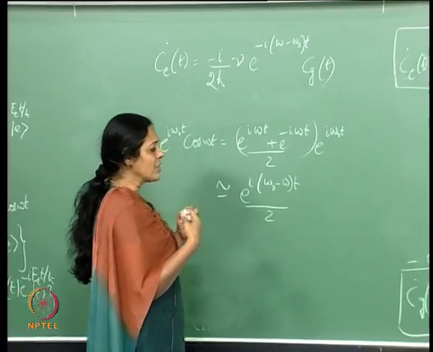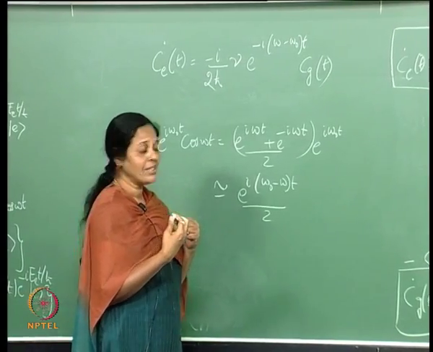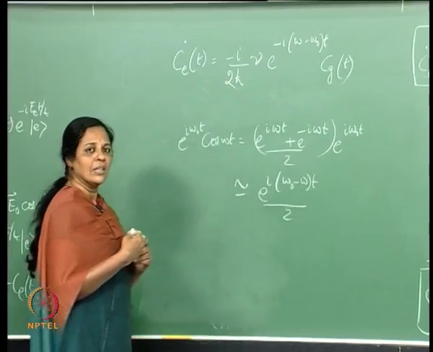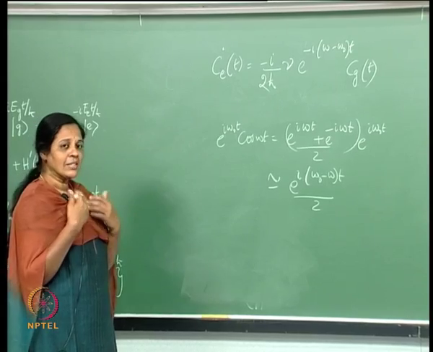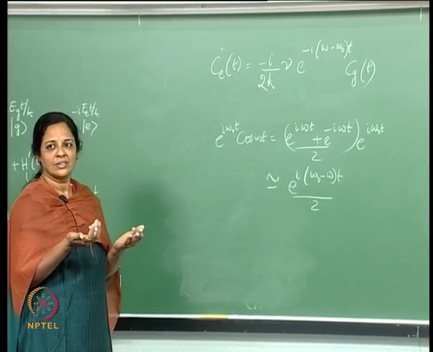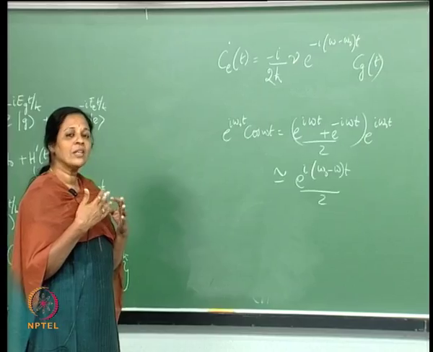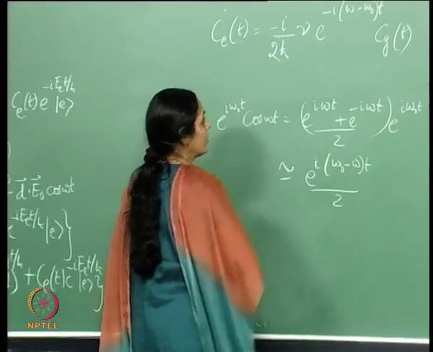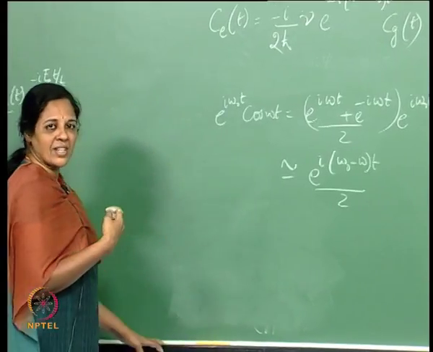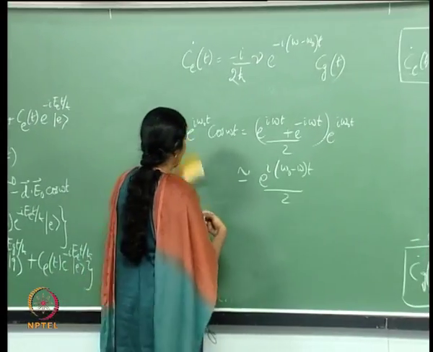In fact, you define something called a detuning parameter delta, which is essentially this difference, omega minus omega naught. And if delta is 0, you are at resonance, and omega approximately equal to omega naught, you are near resonance. So, it is the near resonance situation that we are considering here.